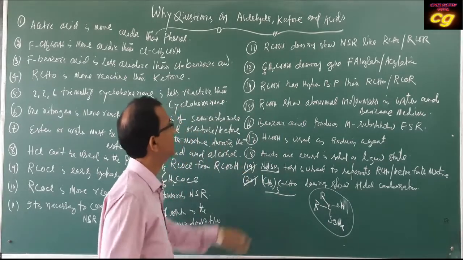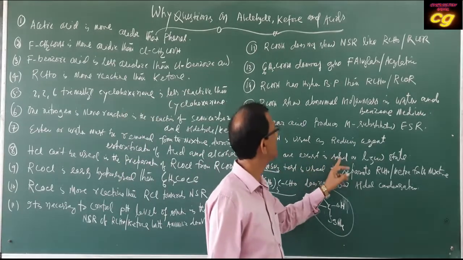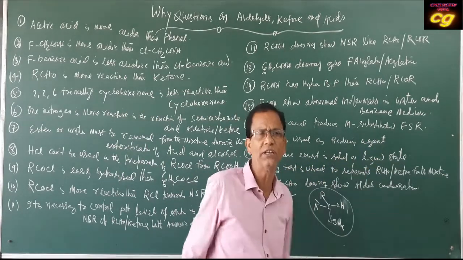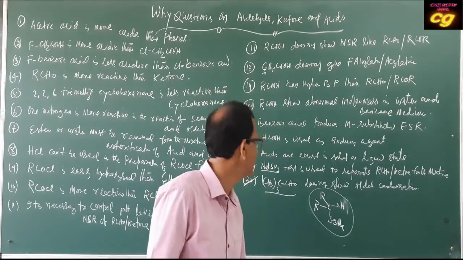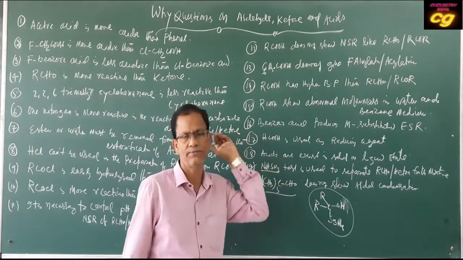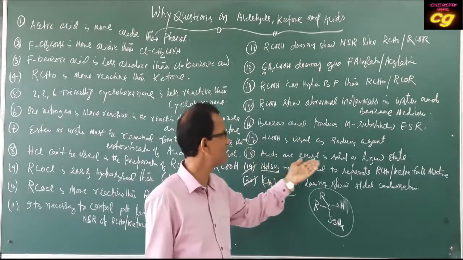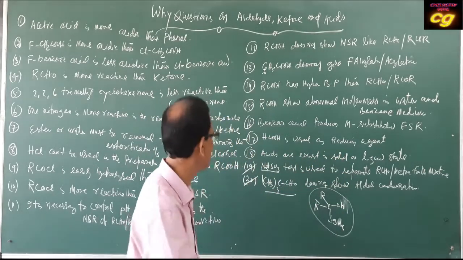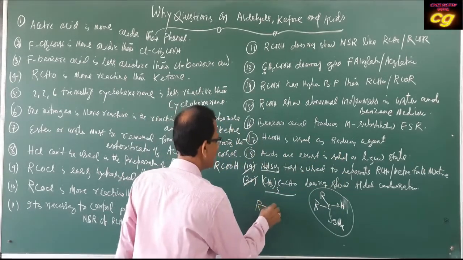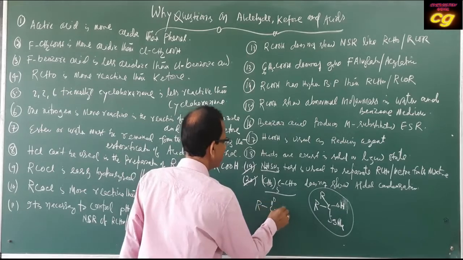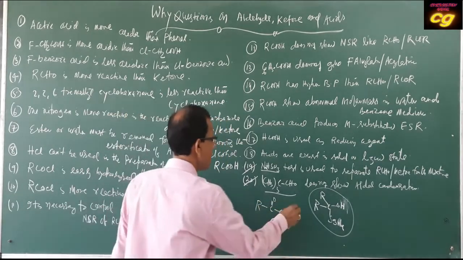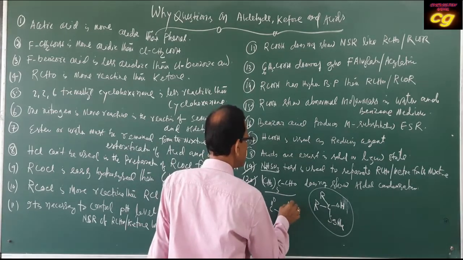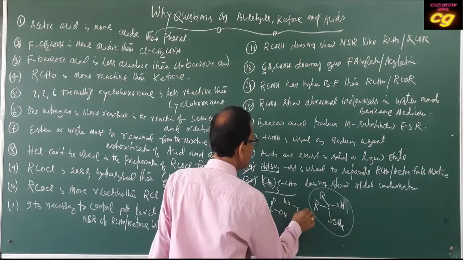Then question number 18. Acids exist in solid or liquid state. Generally, carboxylic acids are available in solid or liquid state. Why? Because carboxylic acids have strong hydrogen bonding between the carboxyl groups.